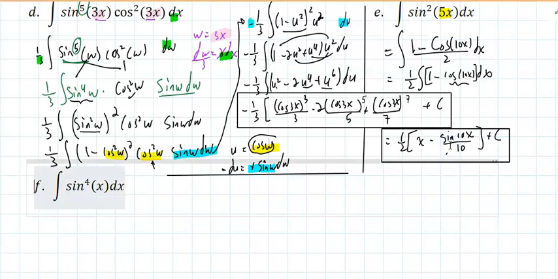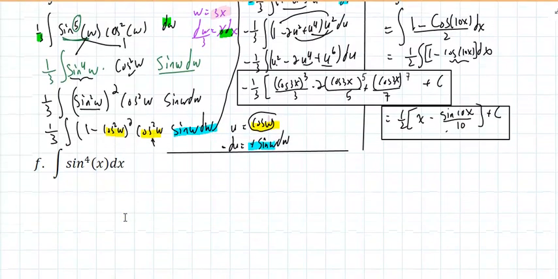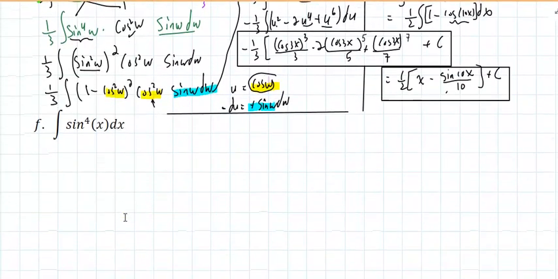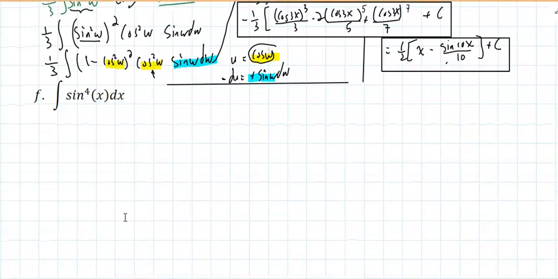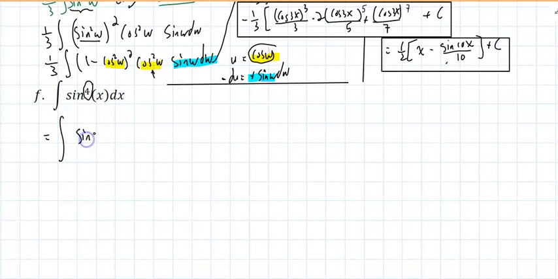All right. And this is a special problem. They do come up. We have applications that match those. So this one is going to be lengthy. If I don't see an odd and I only see an even, the only way to do the problem is to make this the sine squared of x times the sine squared of x.